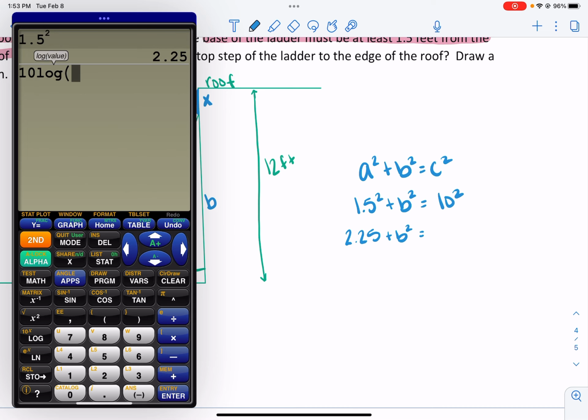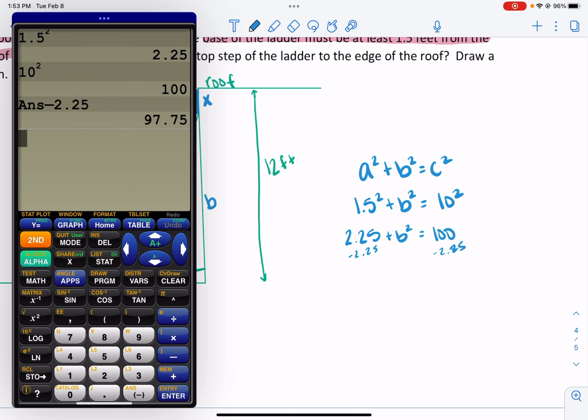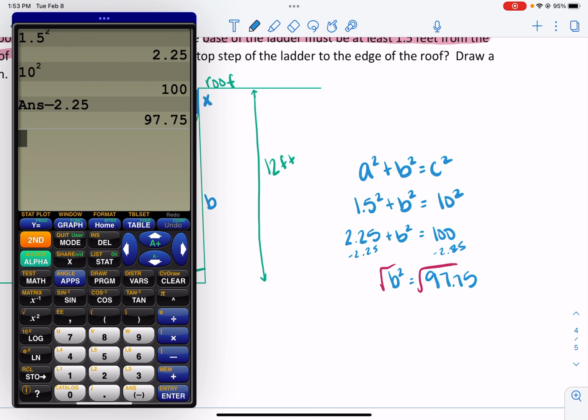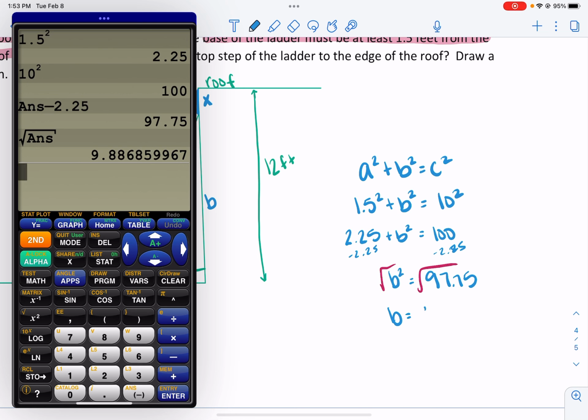And 10 squared, you guys all know that one, is 100. Minus 2.25. So B squared is equal to 97.75. We'll take the square root. And so B is 9.88.